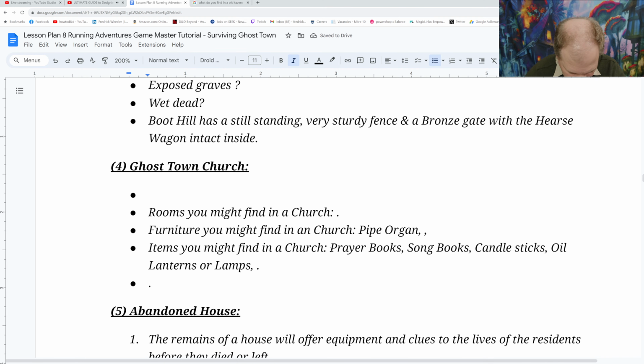Now what is that? Incense burner. An incense burner. I agree. Let's do that. Stained glass window. Yes, we've got to have the stained glass window.